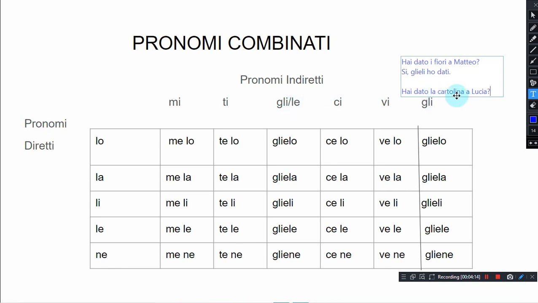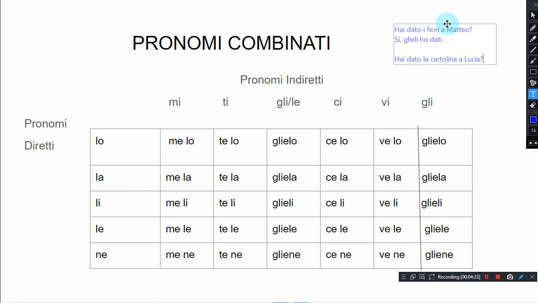And for la cartolina, we should use this direct pronoun, la. So for Lucia, we use le.